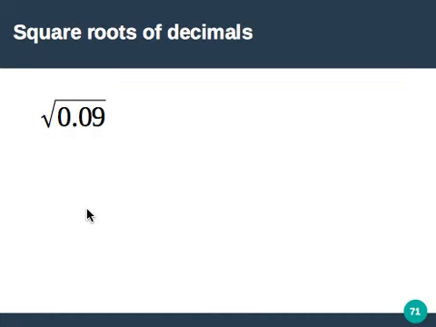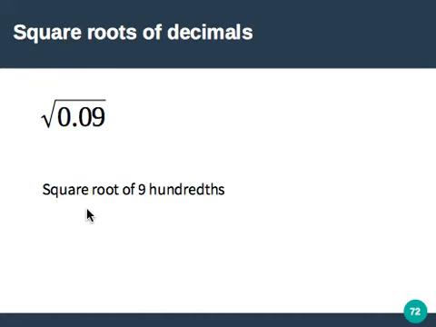Hey, how about decimals? How about this 0.09? Well, actually, we don't say 0.09 in the streets. That's what we say. But really, the correct way to read this number, it's going to be square root of 9 hundredths, right?